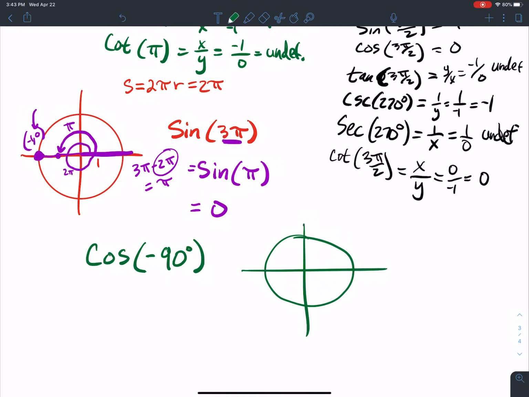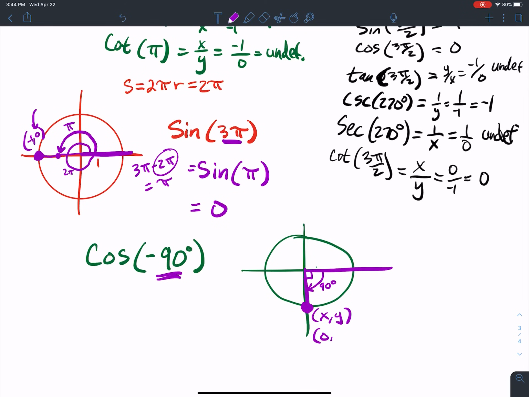Now, a positive angle, we've talked about a positive angle. With a positive angle, we rotate counterclockwise. But with a negative angle, we rotate clockwise. So now I'm going to rotate clockwise 90 degrees, and where do I end up? I end up right here. What is the xy coordinate here?